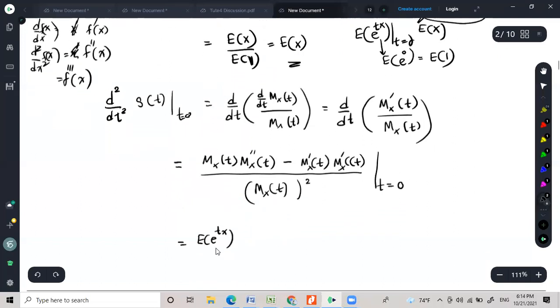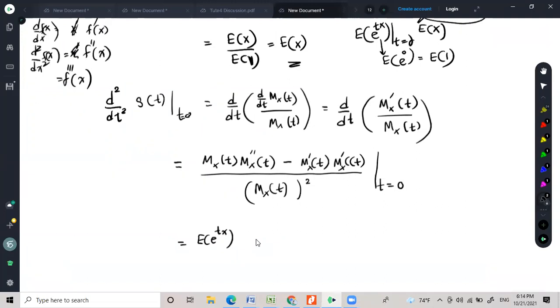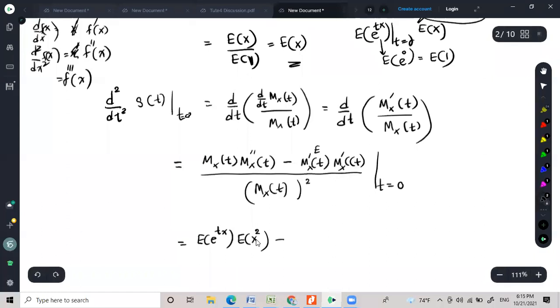What is M_X double prime of 0? That will be the second moment, which is E[X squared]. If you differentiate M_X(t) twice and set t equal to 0, you get the second moment, E[X squared]. And what do you have here? This is E[X], this is also E[X], so you have E[X] the whole thing squared.